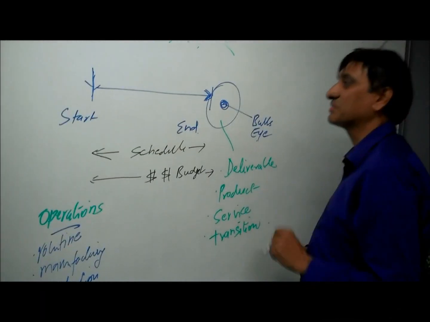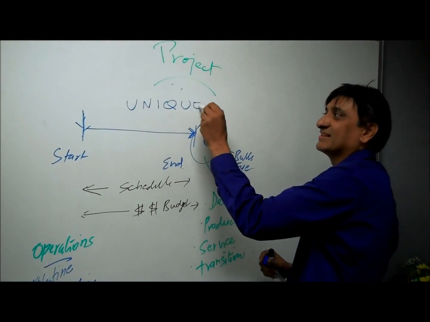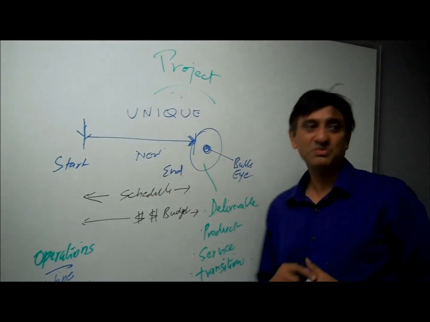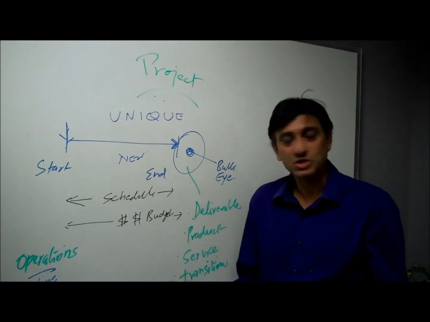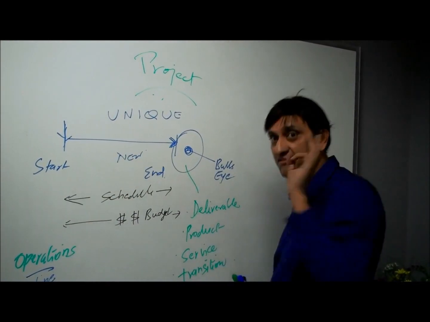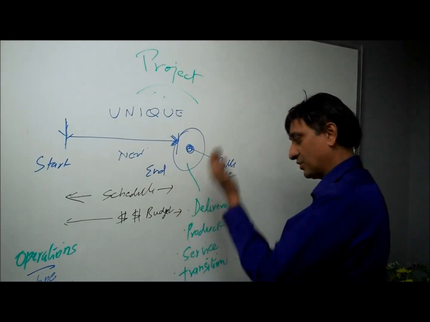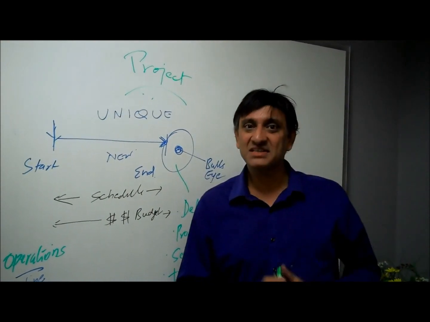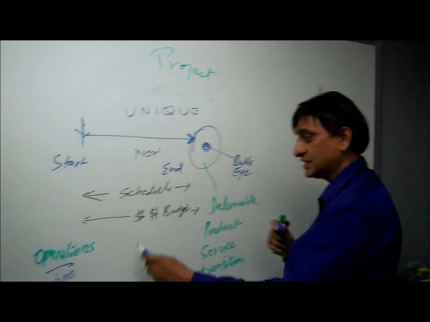Whereas here, the beauty is that we are creating something unique, something new. So friends, that is what a project is. A project is any activity that you do which has a clearly articulated and understood start and end. You get a deliverable at the end of it. And that is why companies are very much interested in that, because you're creating something within a defined parameter and you deal with certain constraints.